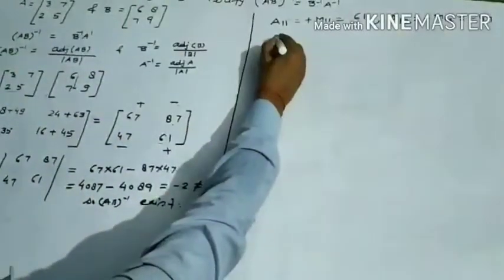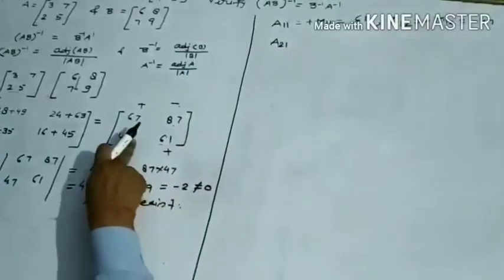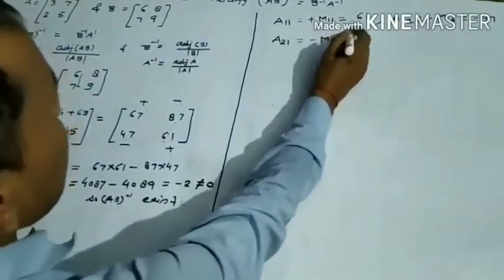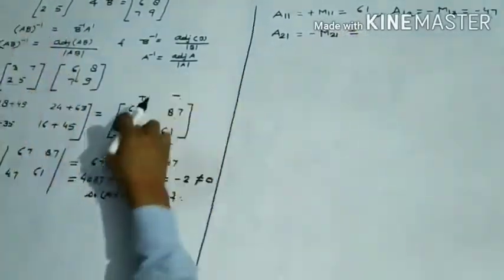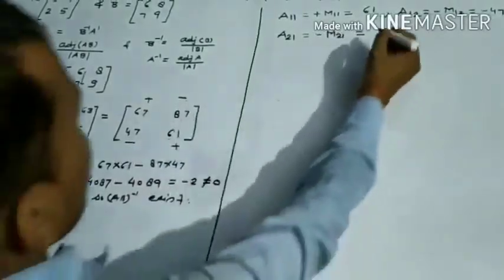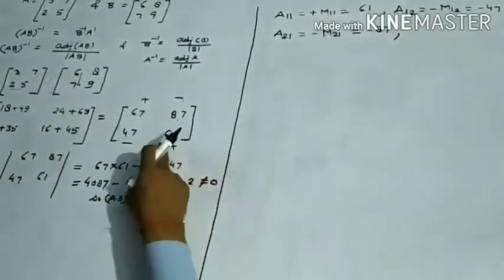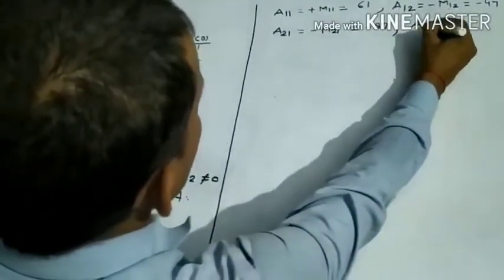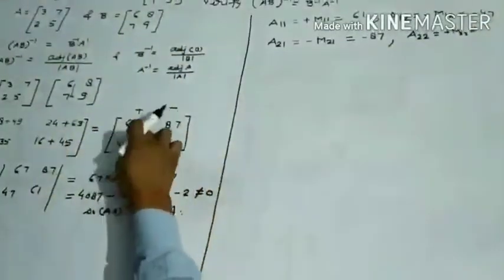After that we want to find the cofactor of the element of the second row and first column, which is 47. The sign is minus, so this is equal to minus M21, the minor of the element of the second row and first column. Leaving second row and first column, this is 87, so here minus 87. Now we want to find the cofactor of the element of the second row and second column, A22. So A22 is equal to plus M22, and here this is 67.